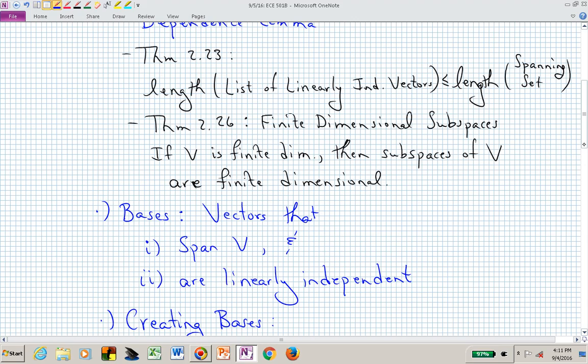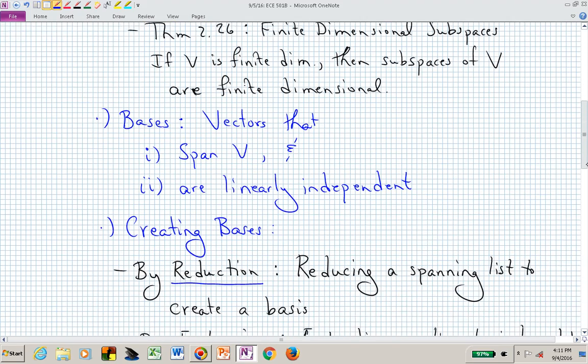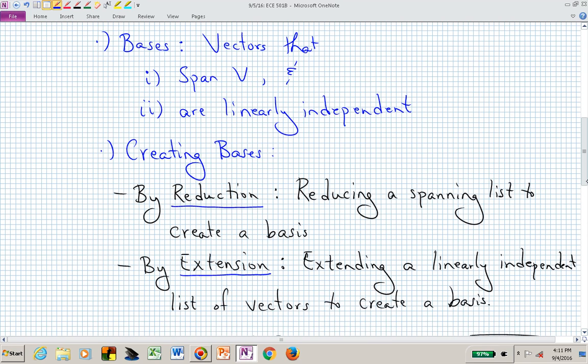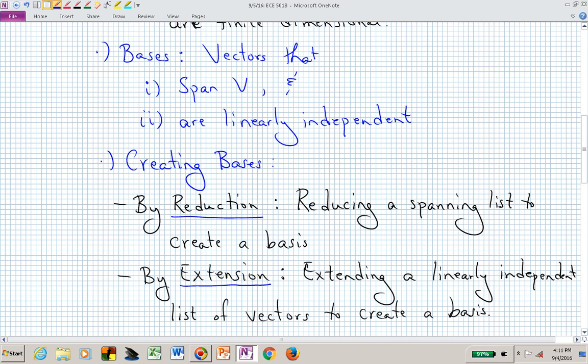Our focus today will mainly be on finding or creating sets of basis vectors, and if we have a set of basis vectors, then those vectors have two properties. One, they span the entire vector space V, and that set of vectors is linearly independent.